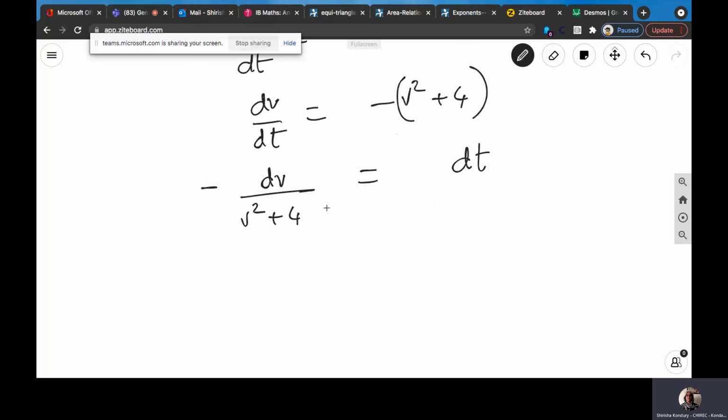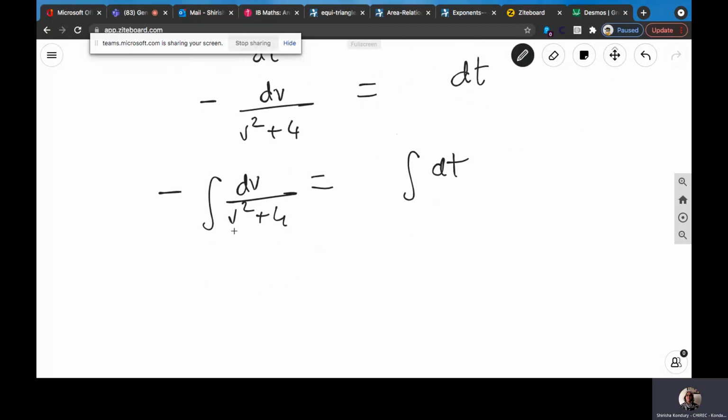Now that I have separated the variables, I want to integrate to see that if I know the small change in velocity, what will happen if I integrate to get the total. So integral of dv upon v square plus 4 is equal to integral of dt. This expression 1 upon x square plus a square, if you remember, it is 1 by a tan inverse of x by a. And there is a negative sign because of this sign outside. And on the right hand side, you have t plus c.